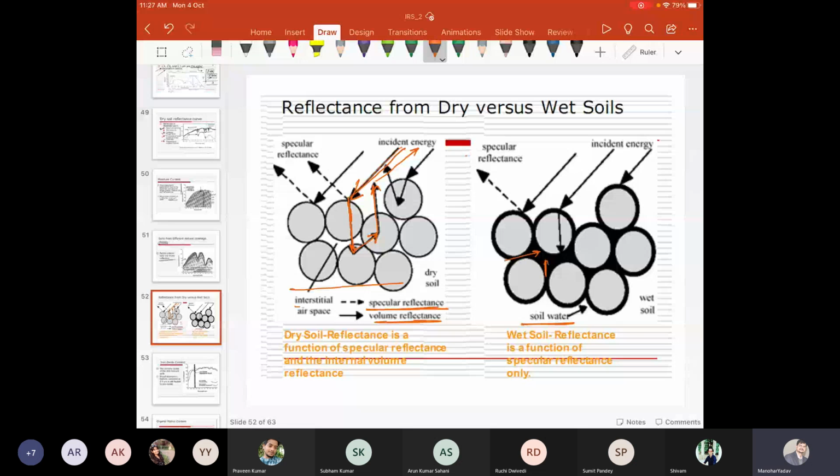You can't get the reflected value. So there will not be a reflected component from inside the soil. While in case of dry soil, there is air space, and within the air space, volume reflectance takes place, and you can expect a reflected component from within the bulk.